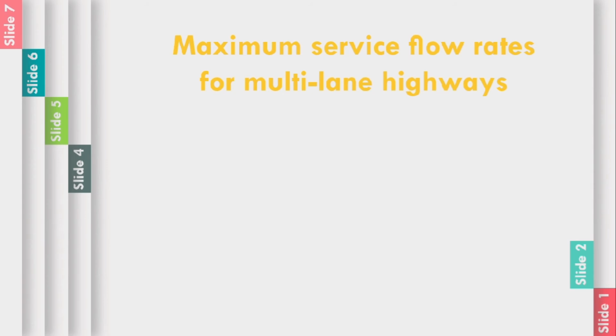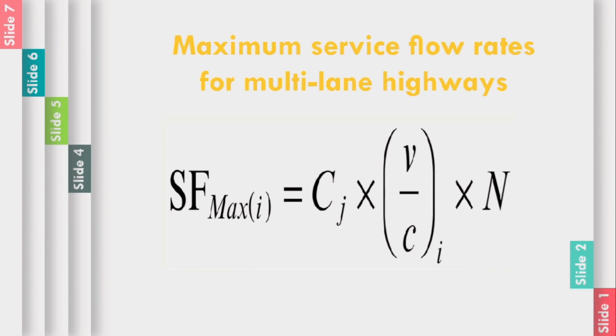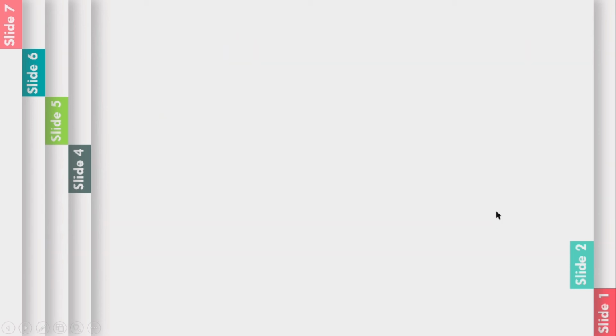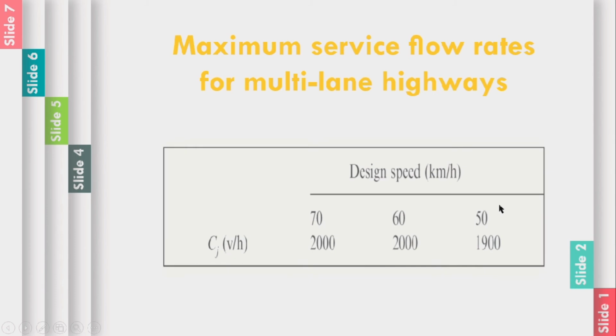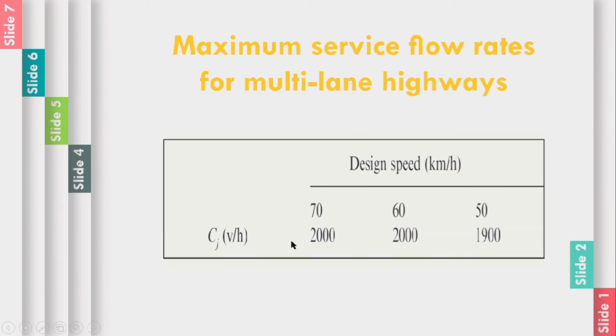Given the extent of ideal condition, the maximum service flow can be defined as C sub j times parenthesis volume to capacity ratio times N, where C sub j is the capacity of a standard highway lane for a given design speed j, and N is the number of lanes in each direction. So this is the values of C sub j for the different design speeds.